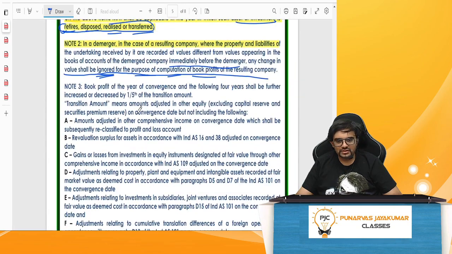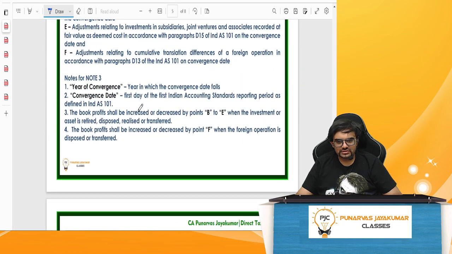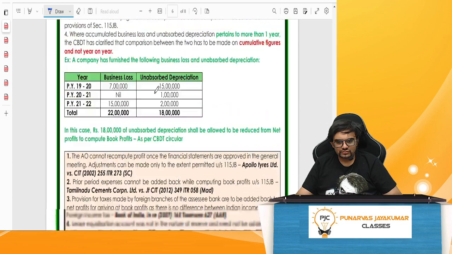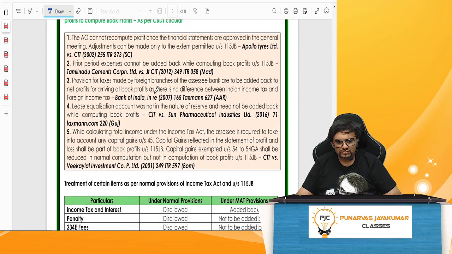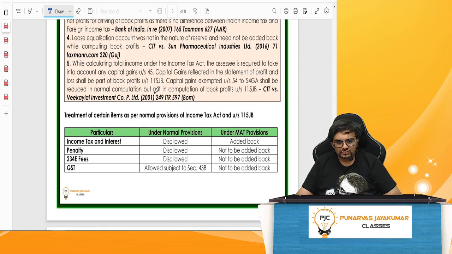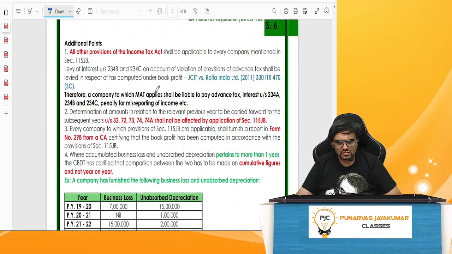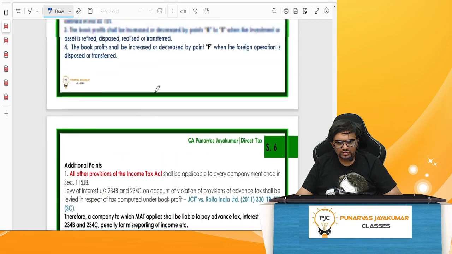Apart from that, as far as demerger is concerned, all this we saw. Additional point also we saw.